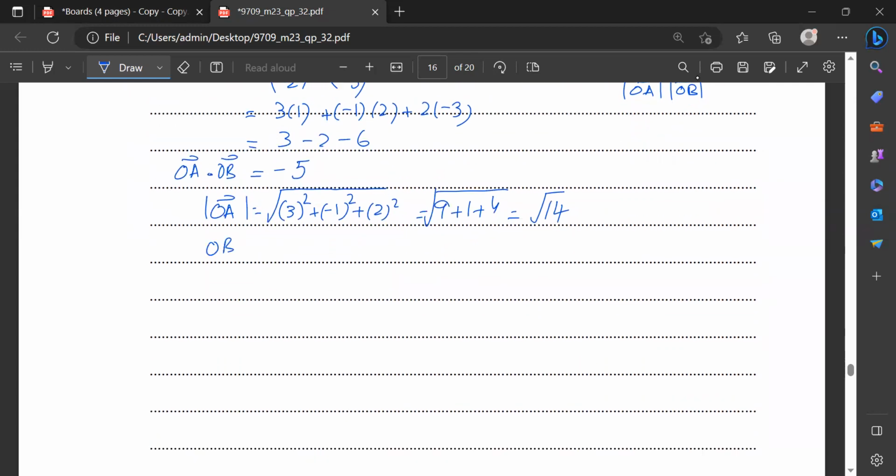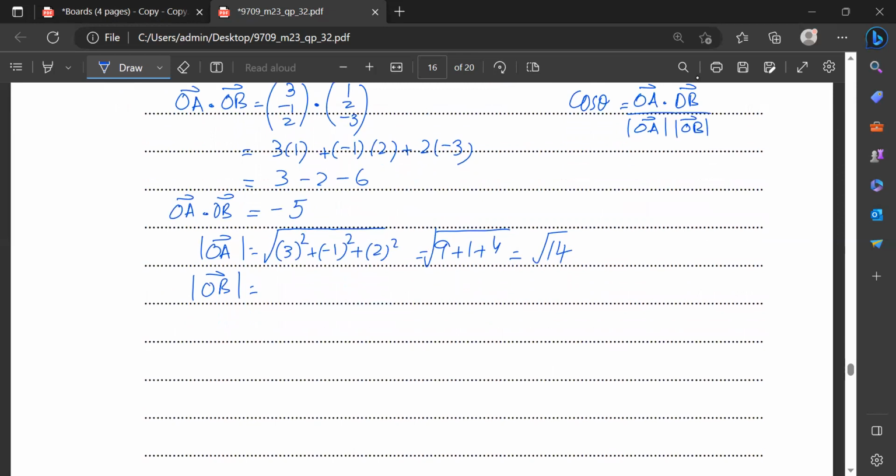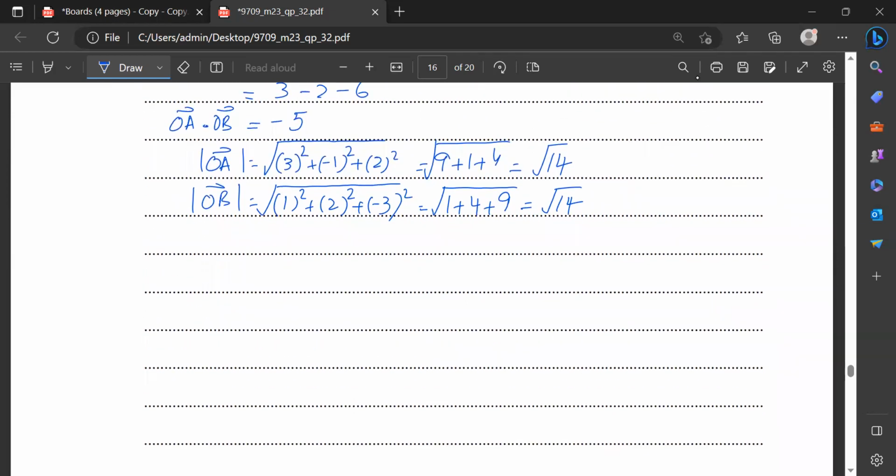And the magnitude of vector OB is the square root of 1 square plus 2 square plus minus 3 square, which is 1 plus 4 plus 9, again root 14. So after finding the scalar product and the magnitudes, just plug into the formula.